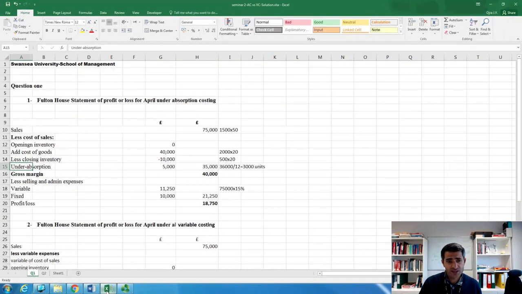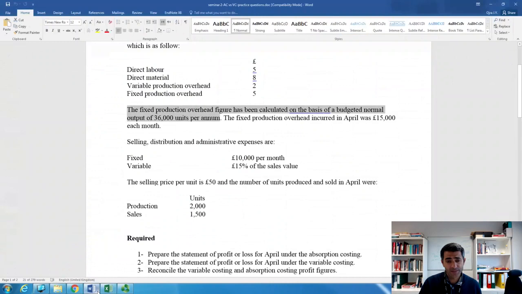So in this case, we are under absorbed. Why? Because the budgeted is 3,000 units every month, but for April we produced only 2,000 units. So as you see, we are under absorbed by 1,000 units, and if you remember, this 1,000 units you need to add to the cost of production by multiplying by the fixed cost element.